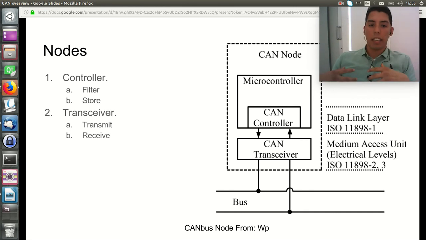The ACK slot is an acknowledgement used to show the entire network that a valid CAN frame was received. All nodes must operate at the same frequency. The speed goes from 10 kilobits per second to 1 megabit per second.